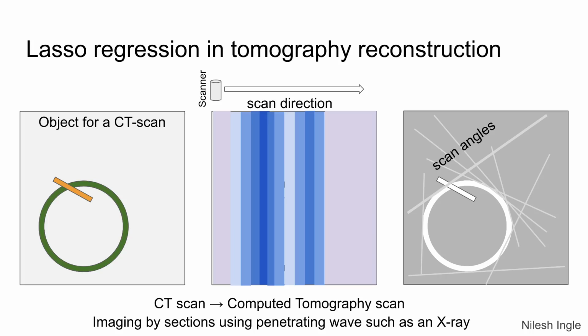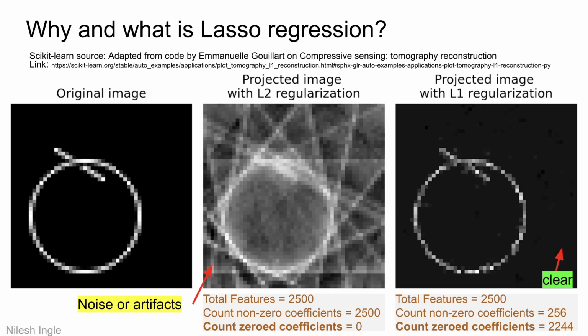And that's where the lasso regression is really helpful. So this is an example which is adapted from the code here by Emmanuel on the Scikit-learn site. That is the link. So here, if this is the original image, the projected image can then be passed through regularization.